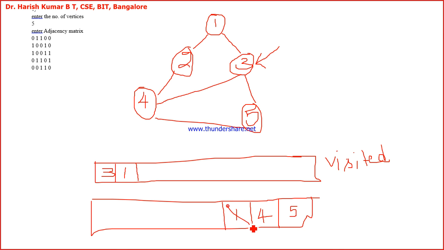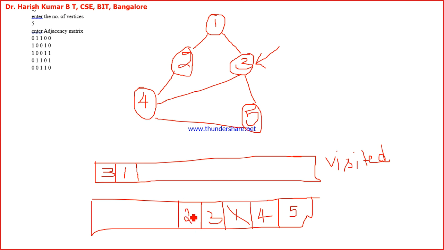This is popped. Next I go for finding the adjacent nodes to 1. The adjacent nodes to 1 are 2 and 3. So I'll push them onto the stack: 3 and 2.